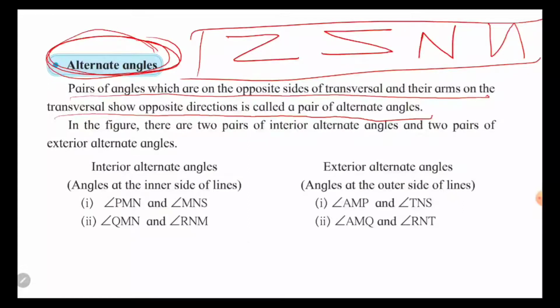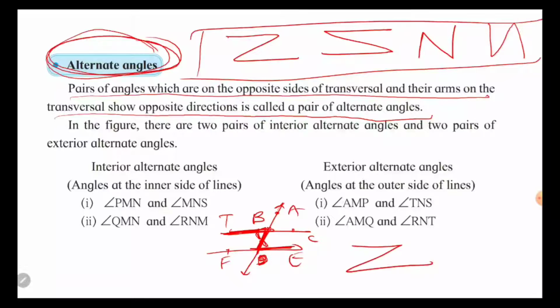Okay, so now I'll give an example. If there are two parallel lines and this is their transversal, and these are my points A, B, C, D, E, F. Now what we will be doing? We will be creating a Z. If this is T, you can see that this is becoming a Z over here. Because of this Z, there are two angles formed, one here and one here.